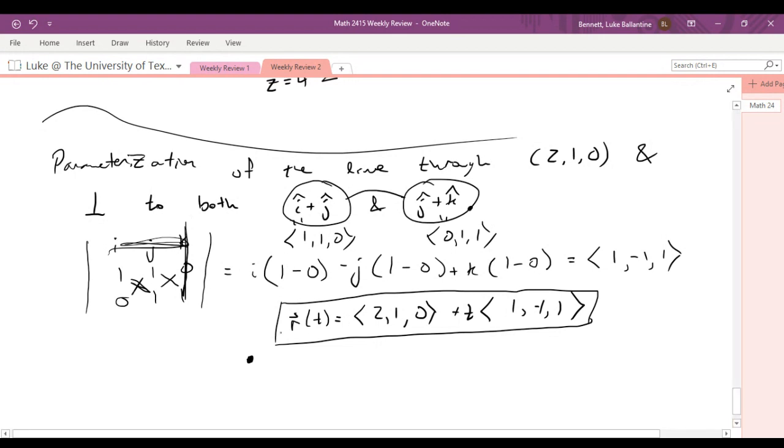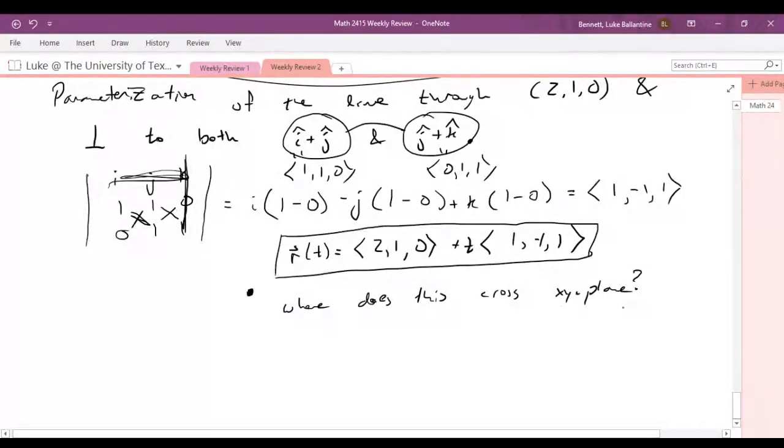And then we could ask, where does this cross the xy plane? We cross the xy plane when z equals 0. Well, immediately we would find r of 0 equals 2, 1, 0 plus the 0 vector.